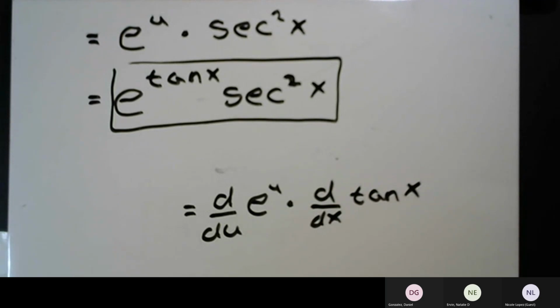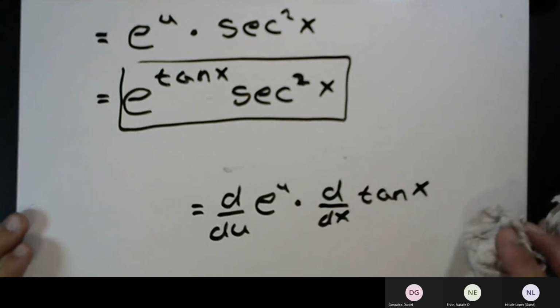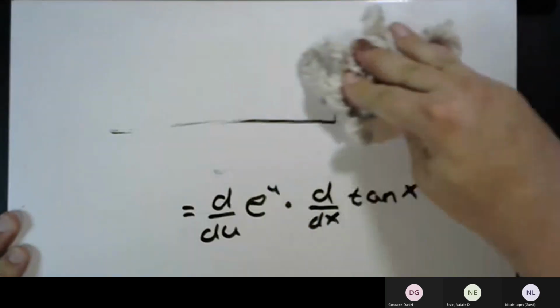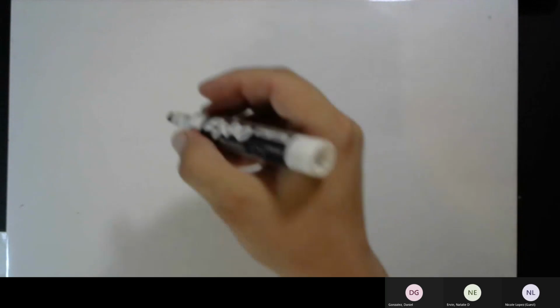So let's do this one. Now, one of the things that are kind of, I'll be honest, the quotient rule, it can get a little tiresome. So let's say we have something like this.